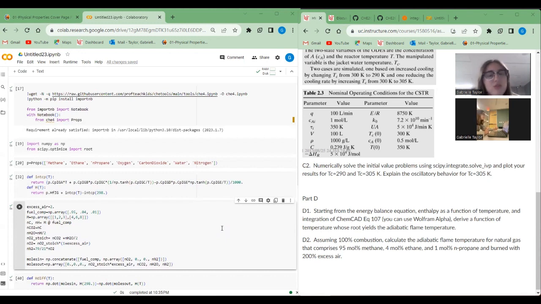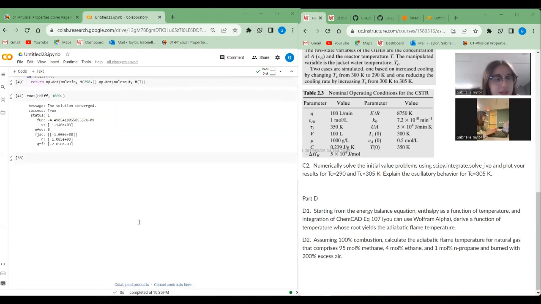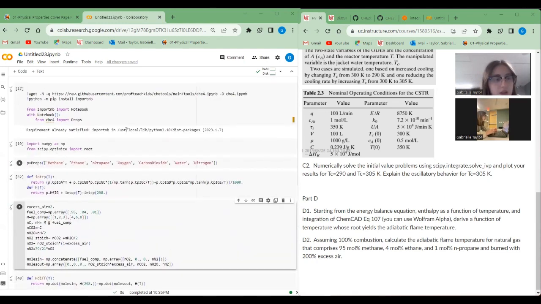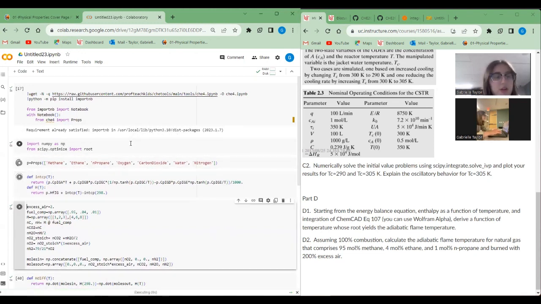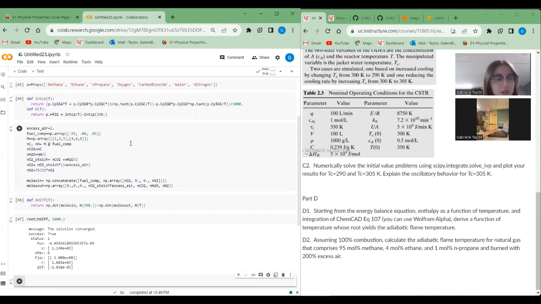So we need to divide it by 1,000 so that these can convert correctly. So you have to divide this by 1,000, and if we go here and just hit enter, we get x equal to 1.14e3. And that should be our flame temperature for the adiabatic case.